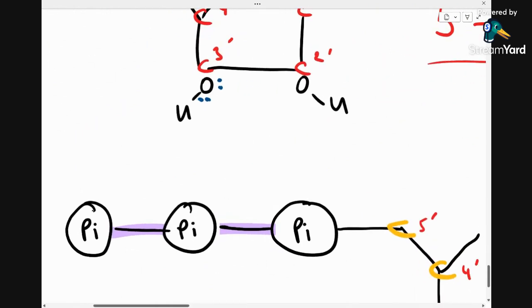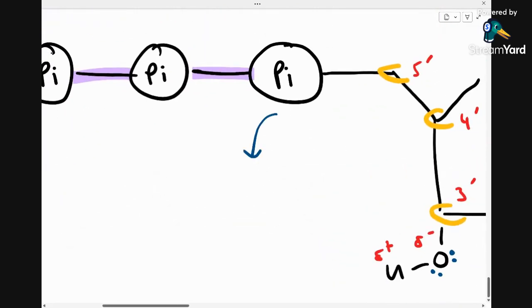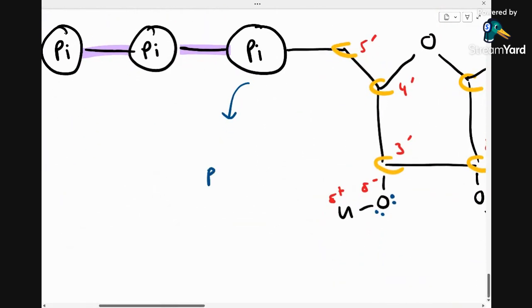So how does this work? Don't forget, this harks back to lower sixth: the lone pairs of electrons on that oxygen can act as nucleophiles. It's a nucleophile. And the phosphate group here, if I zoom in on what this looks like, looks like this.